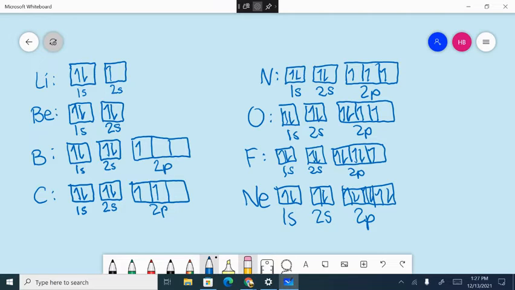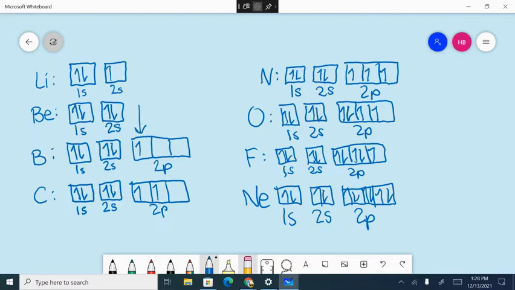Now, let's look at boron. The first ionization energy is actually going to be not predictable. We're going to run into exceptions to this rule. So there's going to be a couple exceptions, and one of them is going to be this.